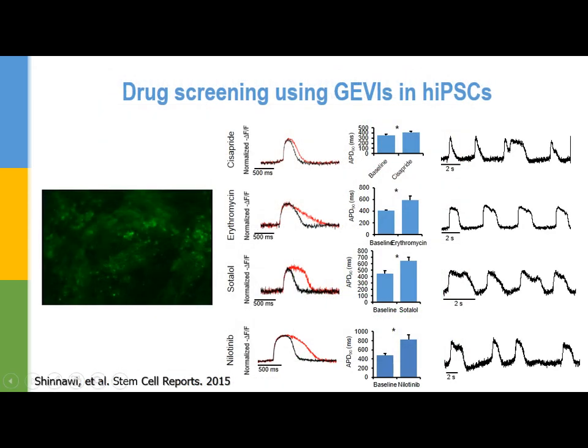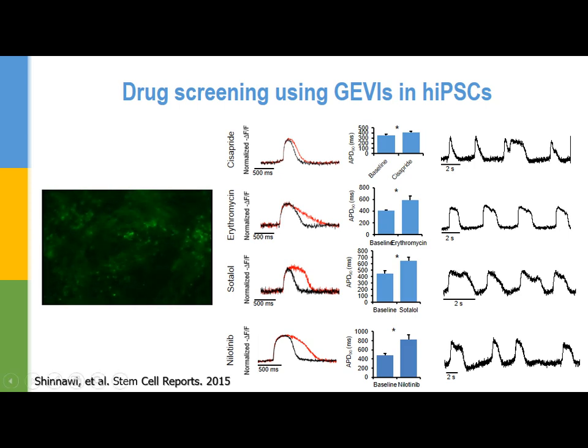We've also been able to generate high-throughput drug screening systems using genetically encoded voltage indicators, what we call GEVIs, and you can see here the fluorescent signal giving us an indication of the voltage in the membrane, and we can measure the action potential duration, which reflects the QT interval in the ECG.